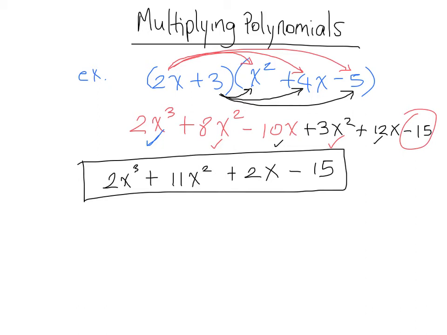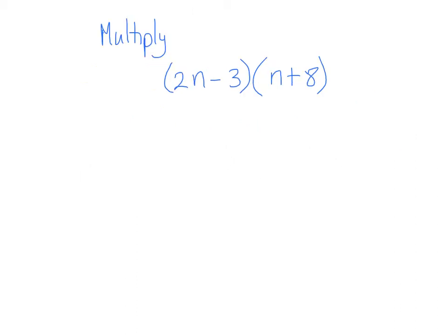Let's do a slightly easier one. I'm working backwards here, going from hard to a little bit easier, because I want to show you something that we call foiling an expression. You may have heard people say, I'm going to FOIL that expression.